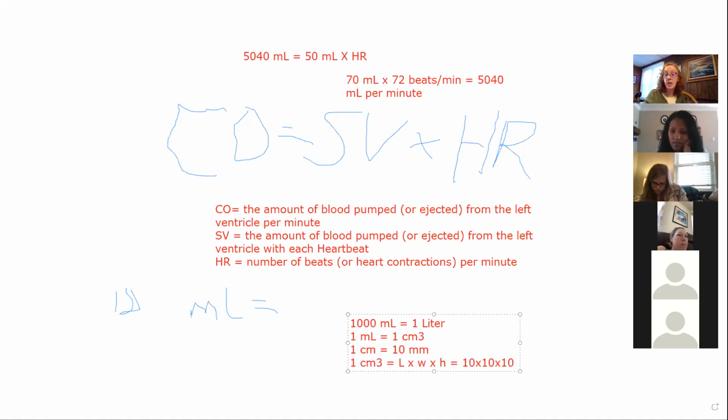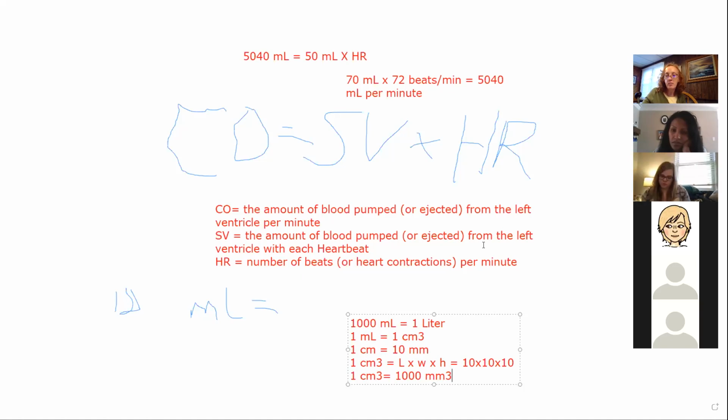So 1 centimeter cubed equals 1,000 millimeters cubed. Does that make sense? You got this? Maybe.